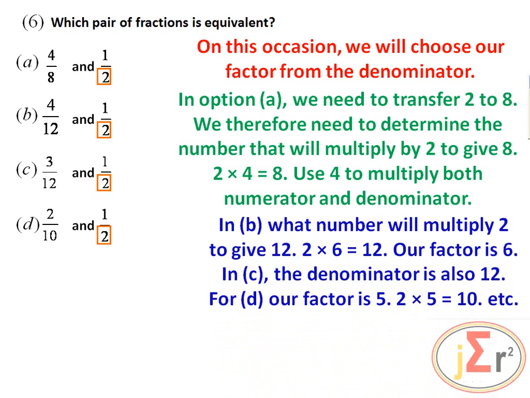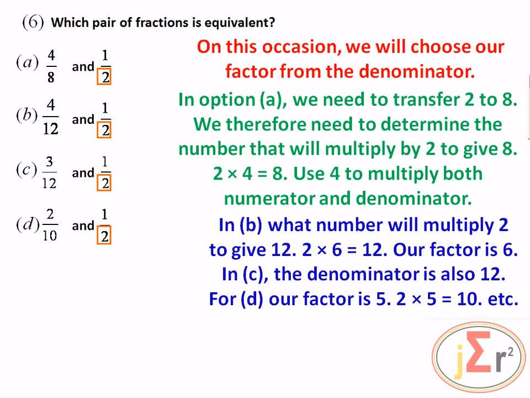Jerry said that it is 6. 2 times 6 will give 12. Our factor is 6. In C, the denominator is also 12. So we'll do the same thing. For D, our factor is 5. So 2 times 5 will give us 10.